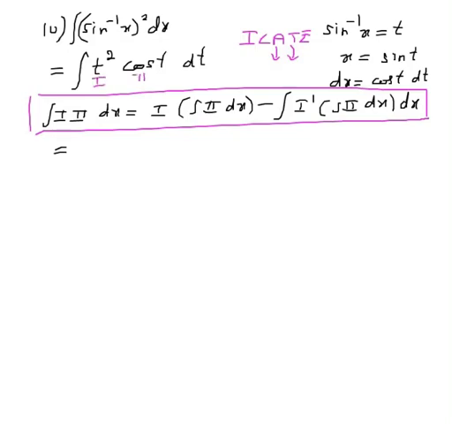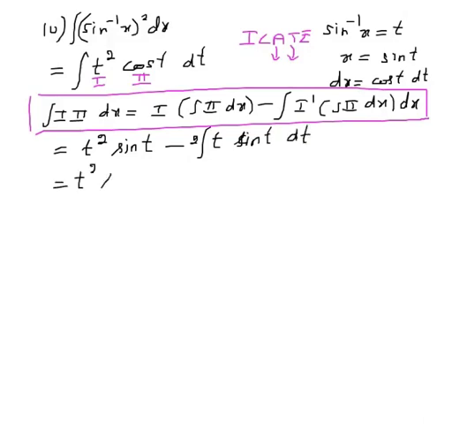A comes first. t square is the first function, cos t is the second function. First function into integral of cos t. Integral of cos t is sin t, minus integral of differential of the first function, which is 2t, into integral of the second function, which is sin t.